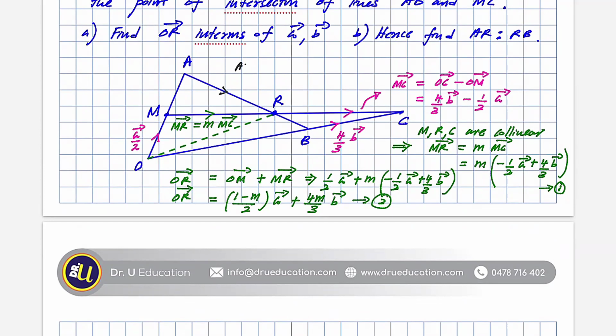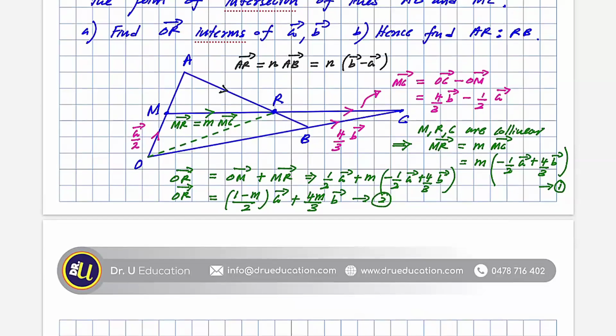So we can say AR is equal to N times AB. So that becomes N times (B minus A), right?